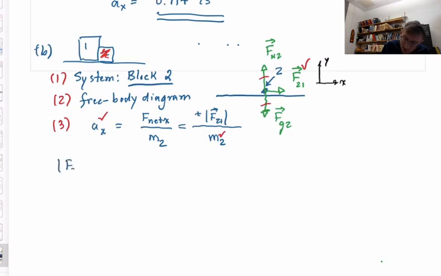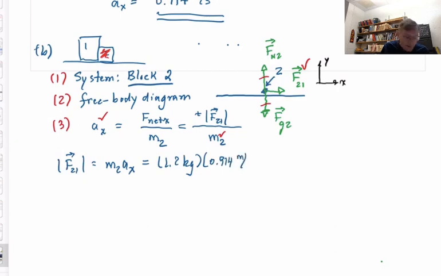So the magnitude of F21 is m2 times a sub x. So that's 1.2 kilograms times 0.914 meters per second squared. I'll give 3 sig figs, 1.10. The unit is kilogram times meter over second squared. That is a Newton.